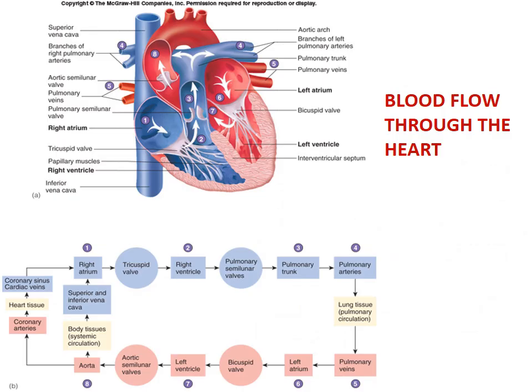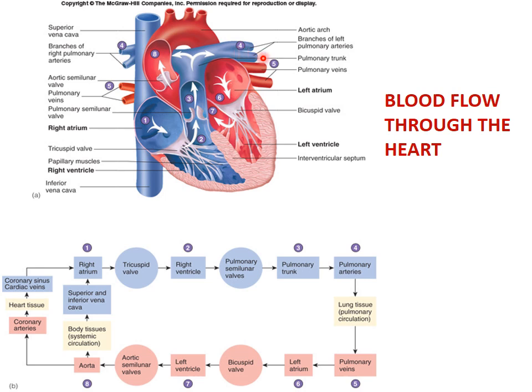As a summary then, make sure you understand how blood is routed through the heart. The right side of the heart is going to receive deoxygenated blood into the atrium. The atrium then will shunt blood into the right ventricle through the tricuspid valve, and then from the right ventricle we go through the pulmonary semilunar valve into the pulmonary trunk, and then into the pulmonary arteries that will bring the blood into the lungs.